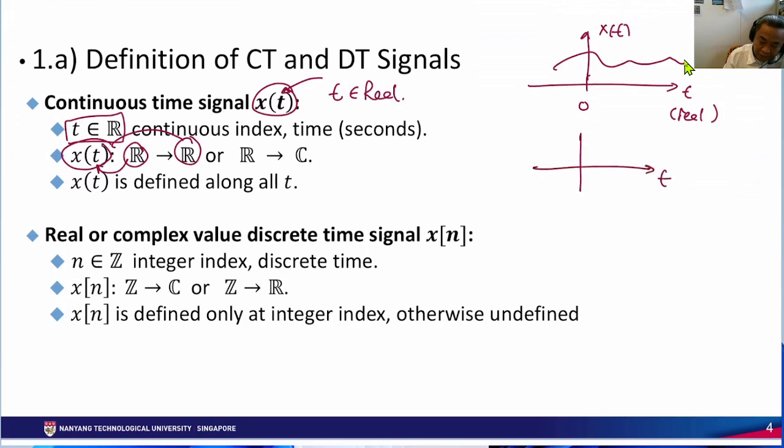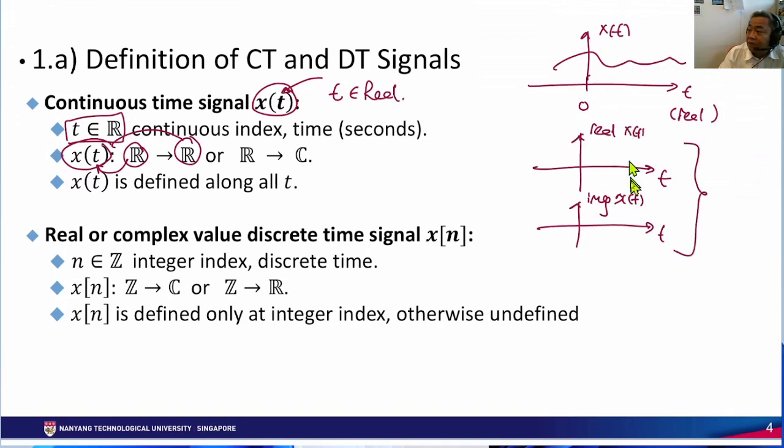So if this is t, this is the real part of x of t, and we technically can say this is the imaginary part of x of t. So in this example, x of t is a complex number, as in the second example here. In our course, we can use both, but typically we'll just use x of t as a real sequence.